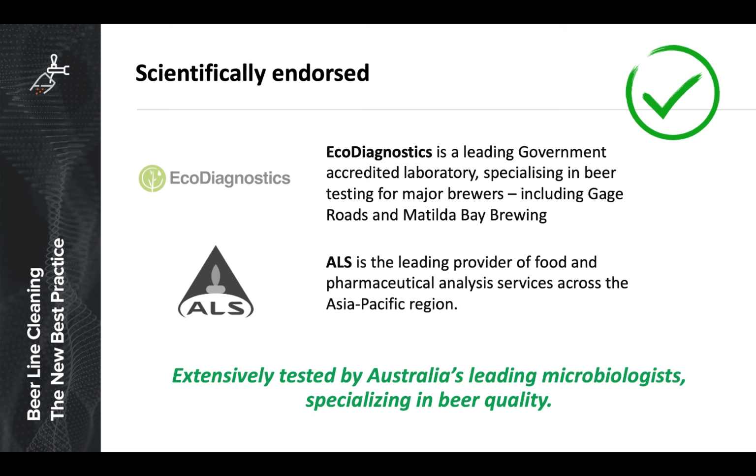Their testing verified that CellarControl maintains low bacteria and wild yeast levels right up to 6 weeks since a line clean. Furthermore, ALS is a leading provider of food and pharmaceutical analysis and has undertaken dozens of on-site tests with fantastic results. More on that a bit later. In summary, CellarControl is a proven way to keep your beer lines clean and serve the best beer possible.